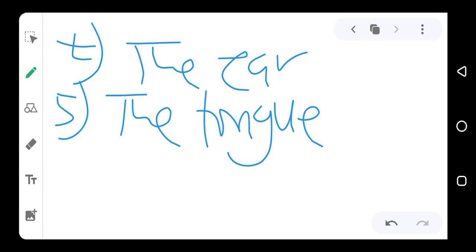Then the tongue. You are eating food, you have to bring it from the environment, you put it inside your mouth. The tongue will help you to know whether the food is tasty, whether it's salty, whether it's sweet, or other way you can classify it, or whether it's something you want to eat or something you don't want to eat.